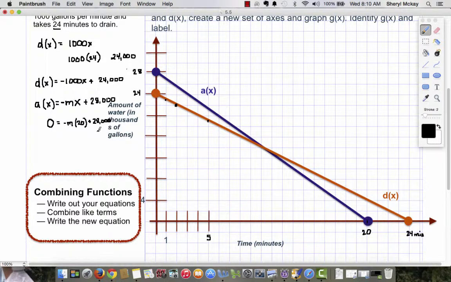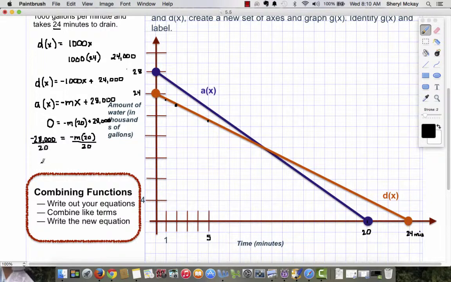So I'm just going to go ahead and solve this. I'm going to put the 28,000 over on this side, and that's equal to negative m times 20. I'm going to divide by 20. I'll divide by 20.